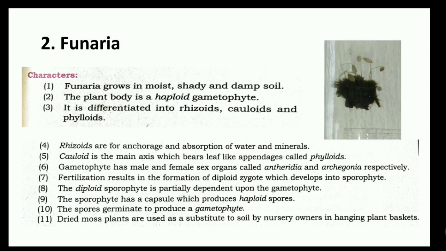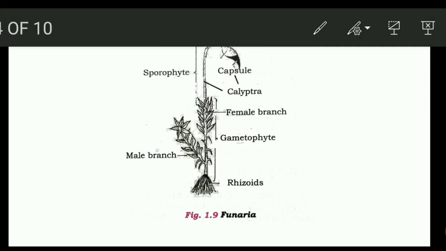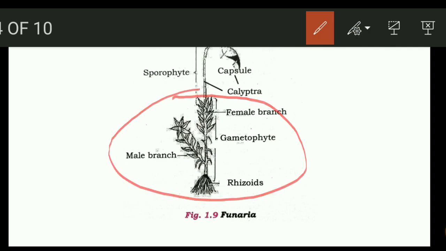See, over here you can see that there is this gametophytic body, on top of which you can see the sporophytic body. So the sporophyte is dependent upon the gametophyte.